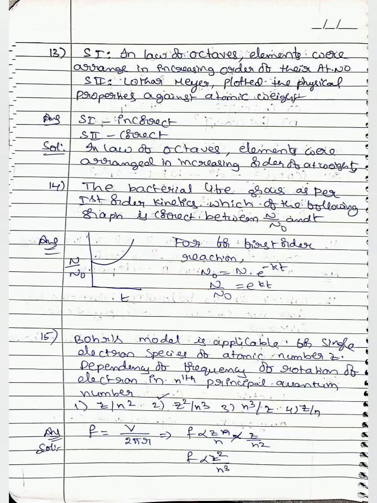Next, Bohr's model is applicable for single electron species of atomic number Z. Dependency of frequency of rotation, they have asked for nth principal quantum number. So frequency of rotation you will get by dividing the velocity with the circumference of the orbit, that is 2 pi r. So the frequency is directly proportional to Z square and inversely proportional to n cube here.